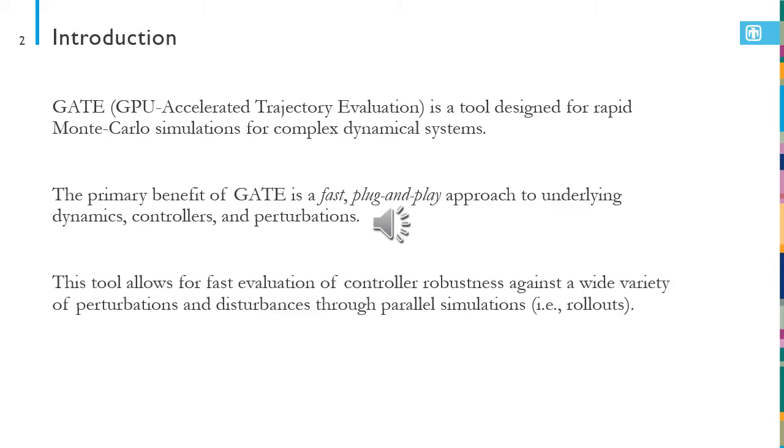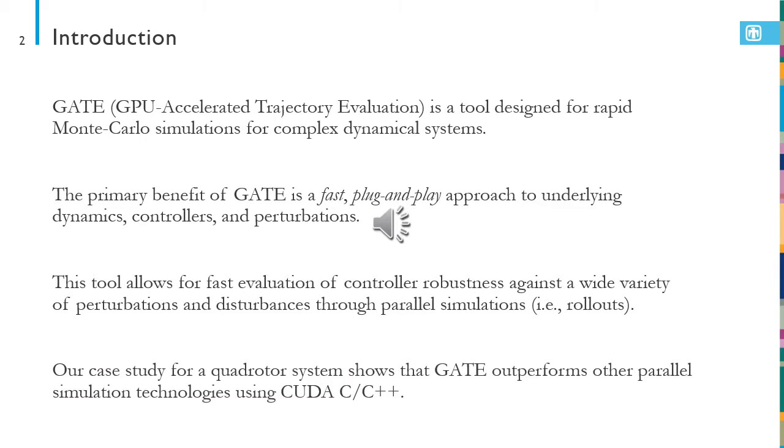This tool allows for fast evaluation of controller robustness against a wide variety of perturbations and disturbances through parallel simulations, i.e. rollouts. This allows the user to develop complex simulations with parameters that can vary in time as well as on a per rollout basis.